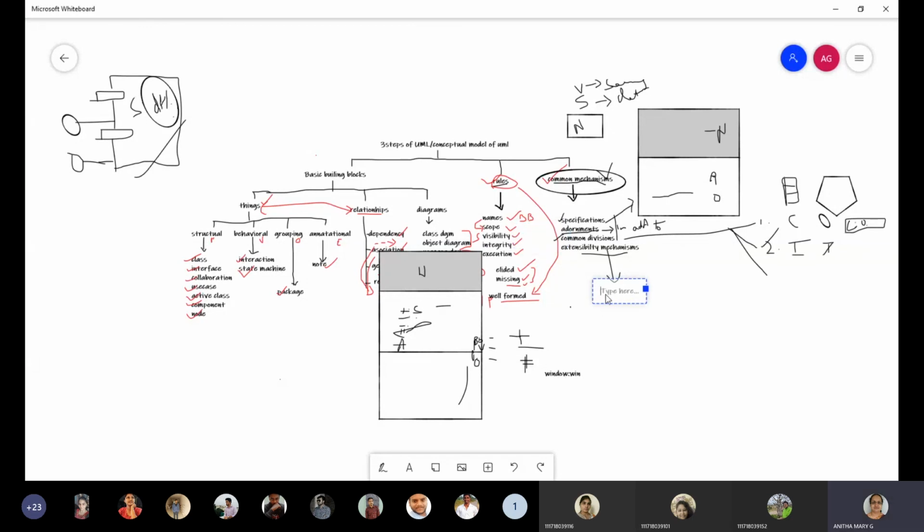The first one is stereotype. The second one is tagged values. The next one is constraints.